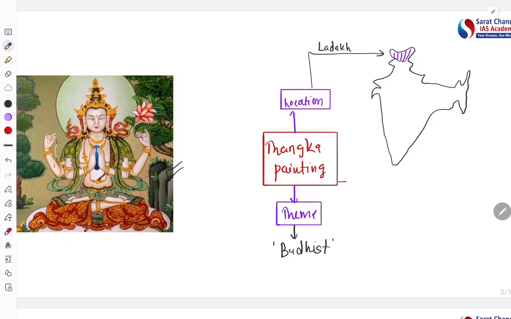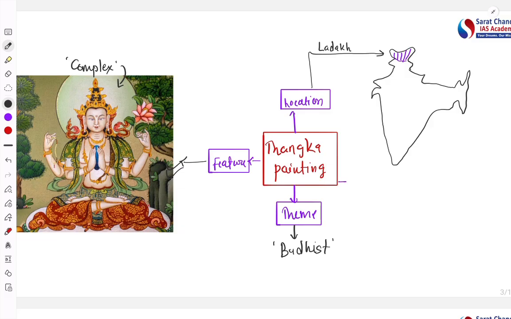Now some key features of this particular painting. The first feature you have understood: it's a complex image. It's not a simple painting. You see the elaborate, highly complex painting.